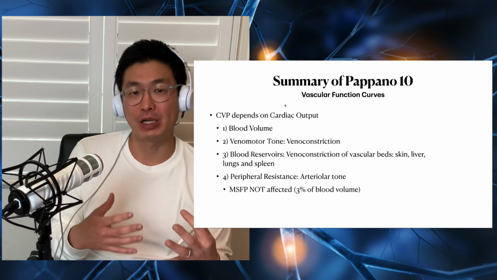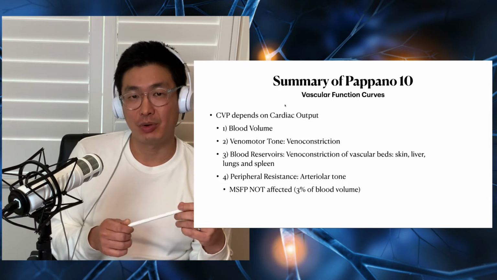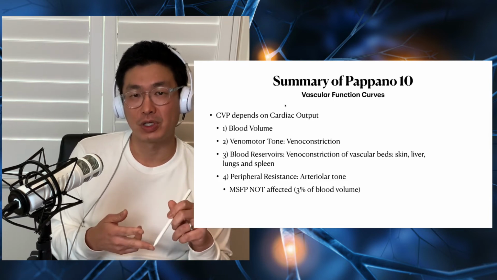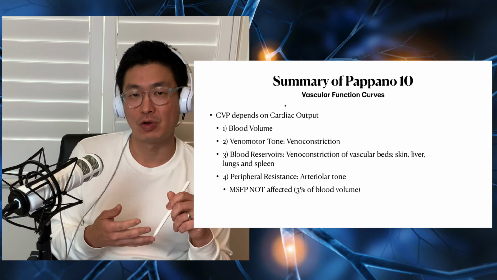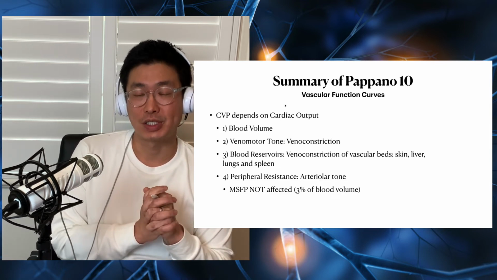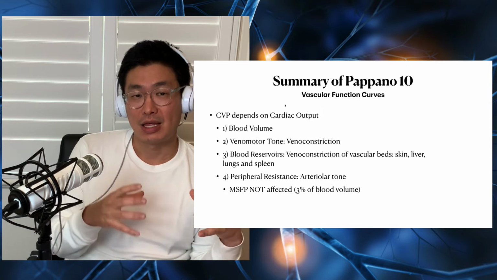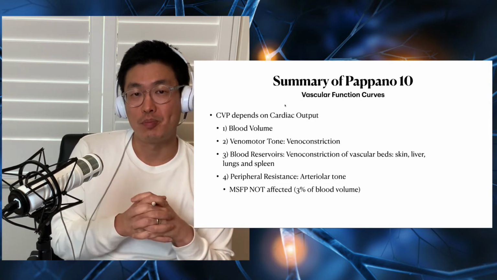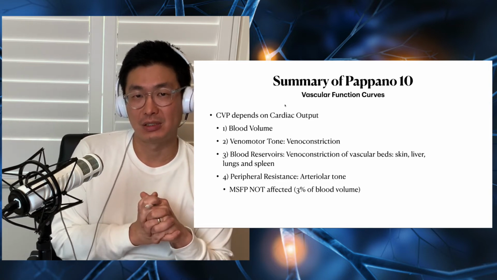And the first 3 points, so blood volume, venomotor tone, and also venoconstriction of blood reservoirs, which move blood into your circulating volume, are factors that affect your mean systemic filling pressure.